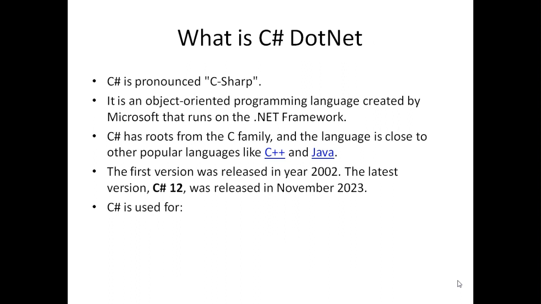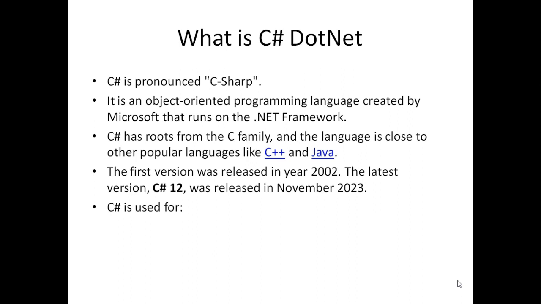C# is pronounced as C Sharp and written as C and the hash symbol, like this. It is an object-oriented programming language created by Microsoft that runs on the .NET framework. As you know, we can use one language's features within another language. If you know VB.NET and another person knows C#.NET, both will work in the same project, as both are .NET framework languages.